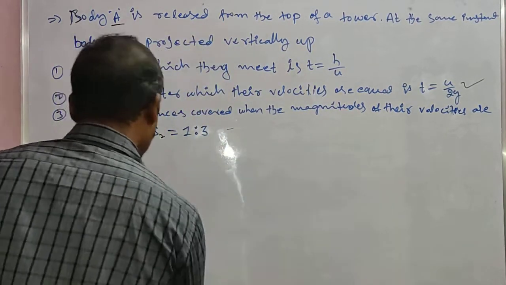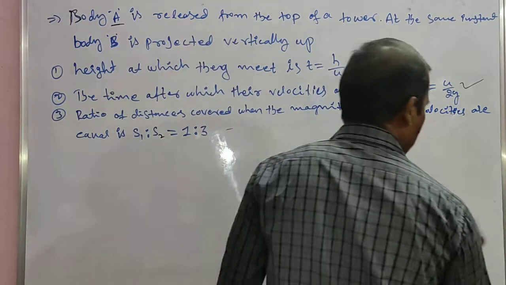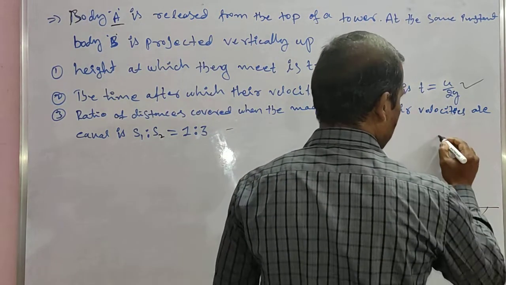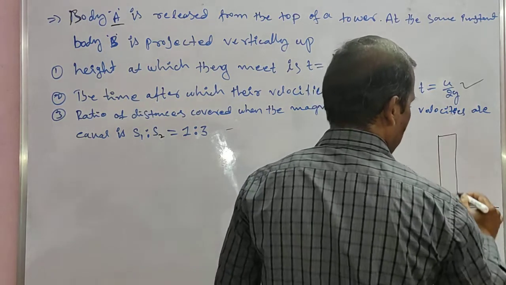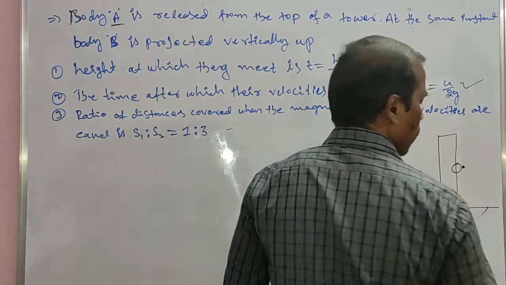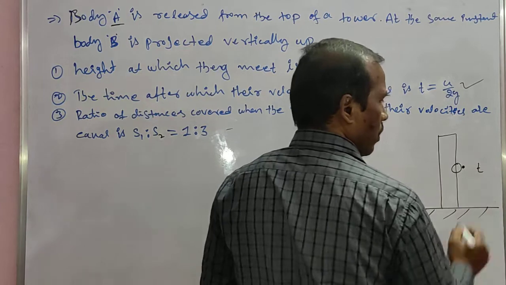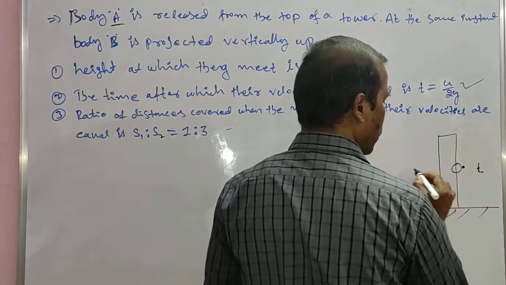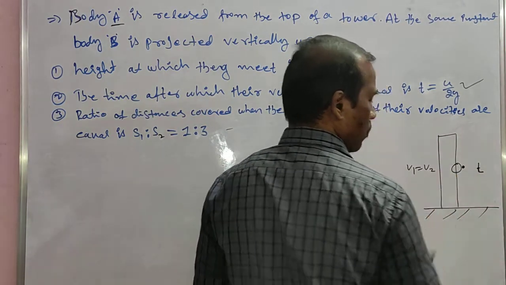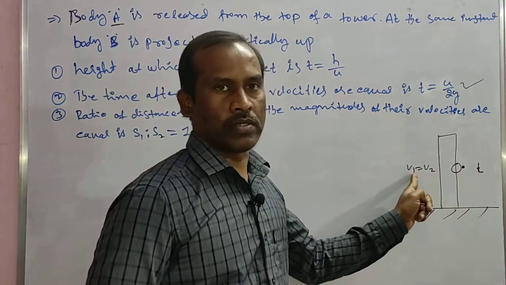Here their velocities are equal, this one is the same, this is a tower. These two bodies meet at the O point at time t, where velocities are v1 is equal to v2 according to the given condition. The velocity at the O point is equal.